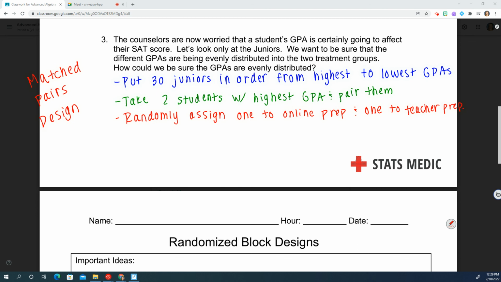And then you obviously just repeat this until all 30 juniors are assigned, and you'd have 15 in each group.